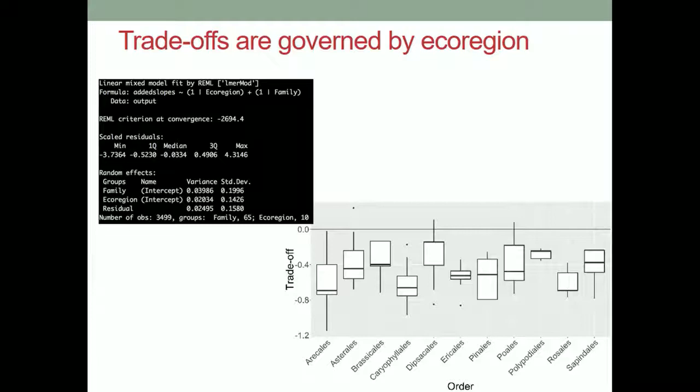Because it was a slope and you wanted to see a trade-off, a negative value means there was a trade-off, though its significance is still to be determined. But you can see here that it's more likely to be the taxonomic hierarchy that explains the variance in the trade-off value.